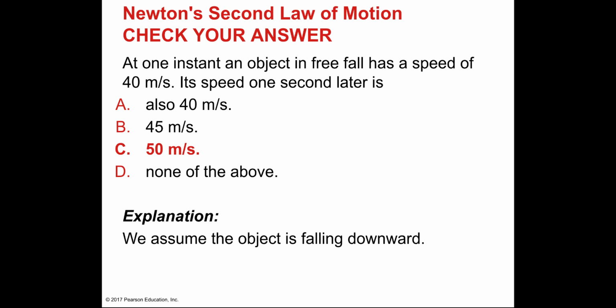Because if that object is in a state of free fall, it means that the object is going to be accelerated at a value of 10 meters per second squared. And so 1 second later, you add the 10 to the 40 to give you that 50, because the only force acting on it is the weight.